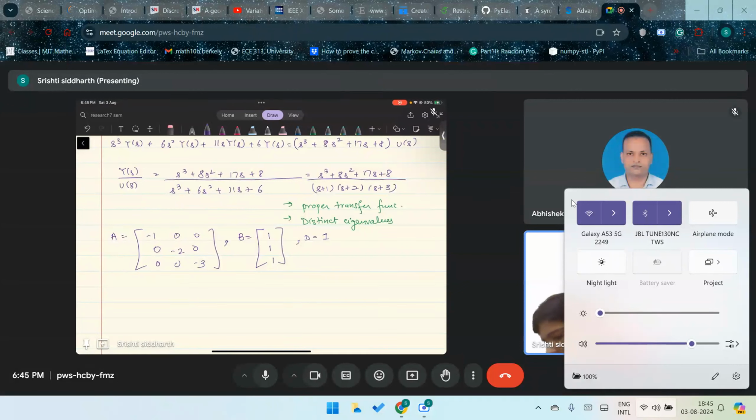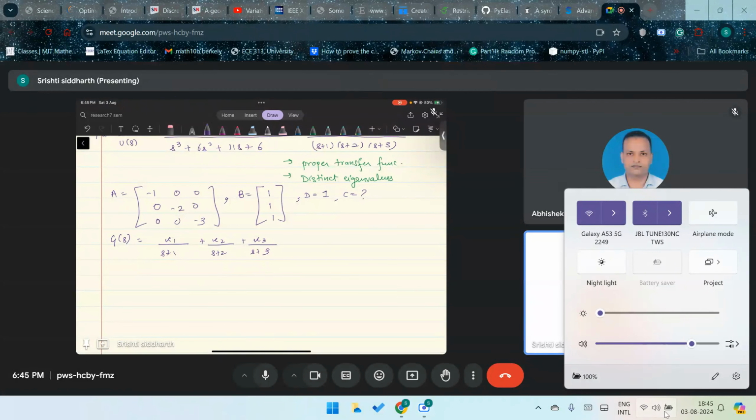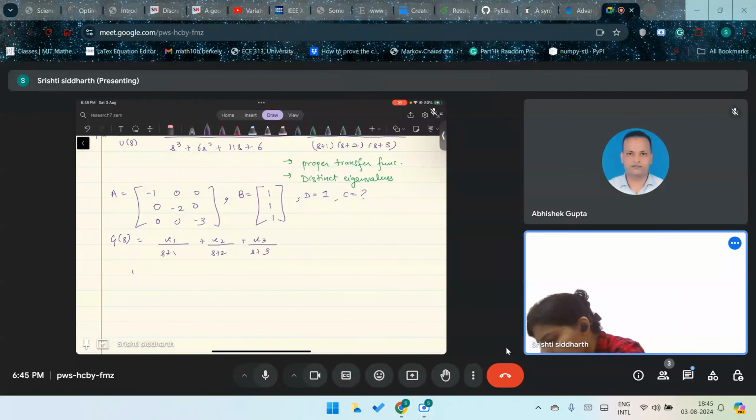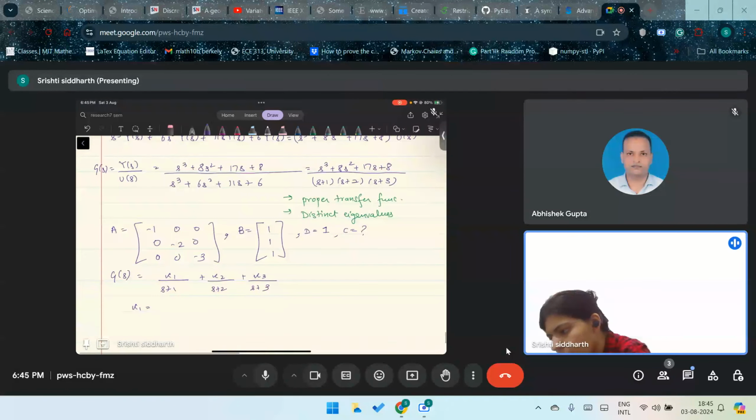And now let's see what C has to be. Okay, so G of S, which is just this. So let's quickly find them out. C1 would be minus 1 plus 8 minus 17 over this.